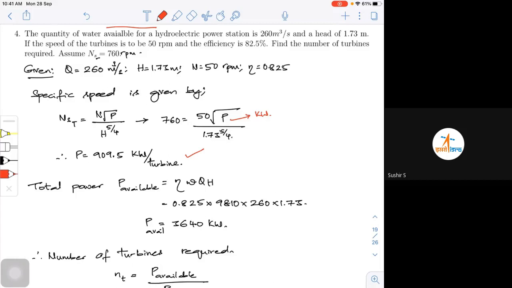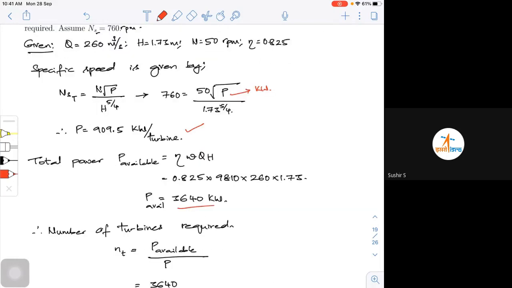Already you know this formula, available power omega QH, which is very ideal. Now, when I bring in the efficiency, that depends on overall efficiency. That is, I look into energy available at the shaft, or it may be hydraulic efficiency: energy available at the rotor to energy that is available with the fluid.